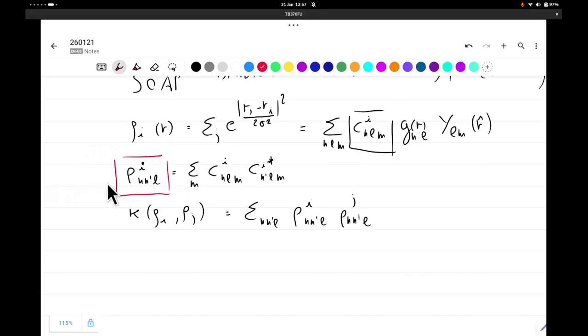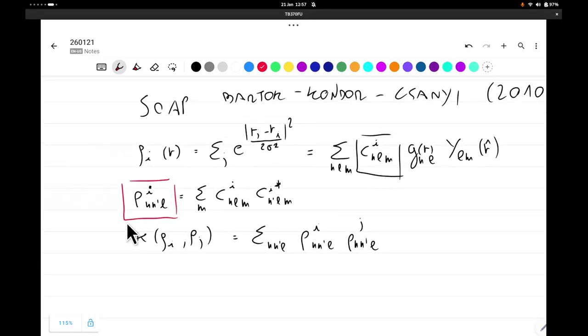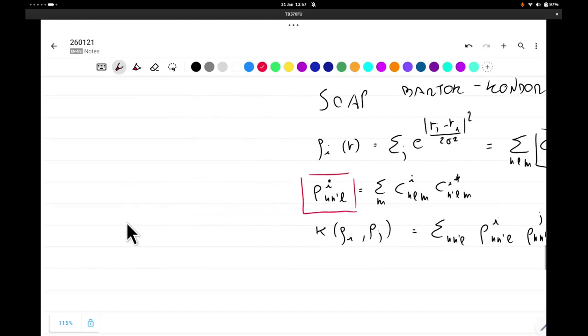The difference between the two environments will be how different they are locally, nothing to do with the translation and the rotation, or the order you enumerate the atoms. Always remember that we are going from a collection of distances and species into this.